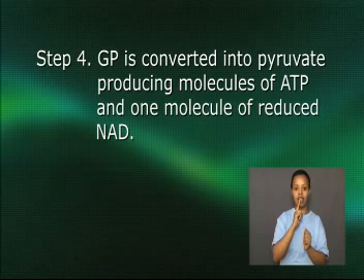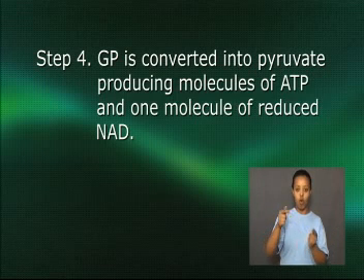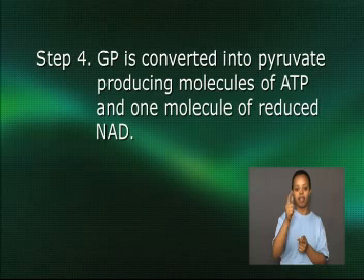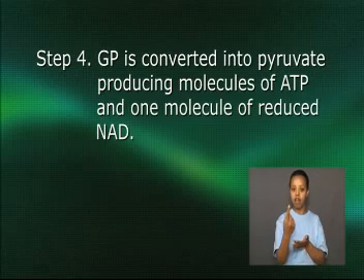The last reaction is each molecule of GP is converted into pyruvate with the production of 2 molecules of ATP and 1 molecule of reduced NAD. If you correctly wrote down these reactions, then you answered correctly. Well done.